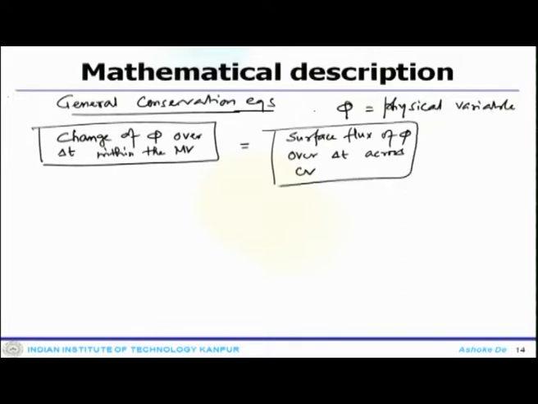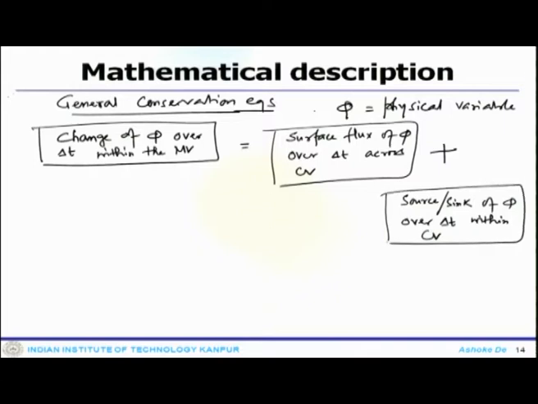So that is one term, plus the source or sink of phi over delta t within the control volume. So that is essentially my term 1, that is my term 2 and this is term 3.